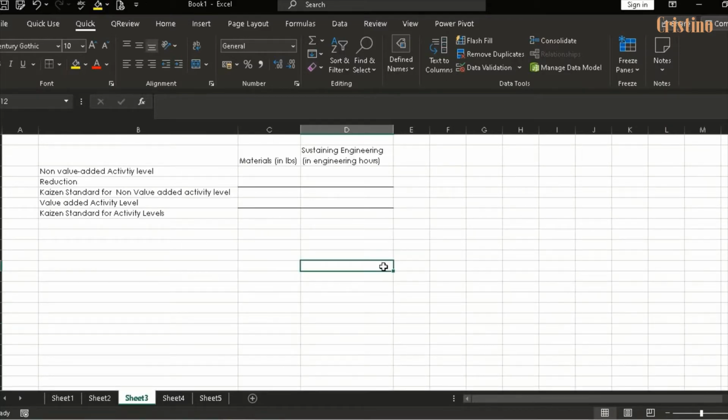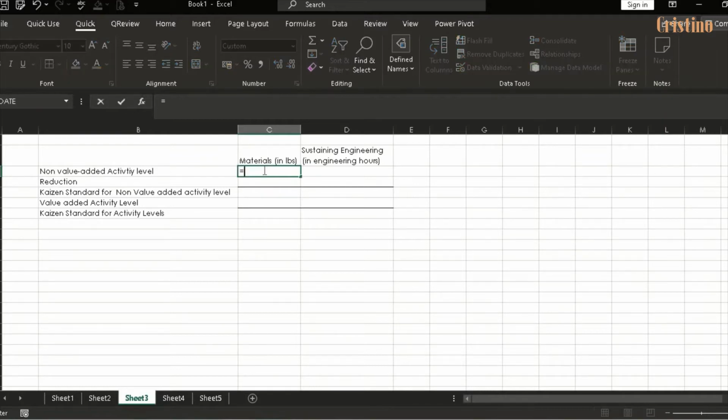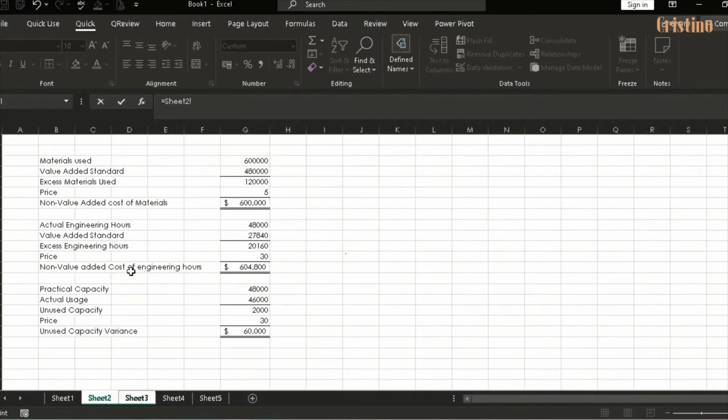Our next requirement is to calculate the Kaizen standard for the activity levels for the year 2009. To do so, we must first find the Kaizen standard for non-value added activity levels. In computing the Kaizen standard for non-value added activity level, we must first deduct the target reduction from the current level of non-value added activity. The non-value added activity level for materials in the year 2008 is equal to 120,000.